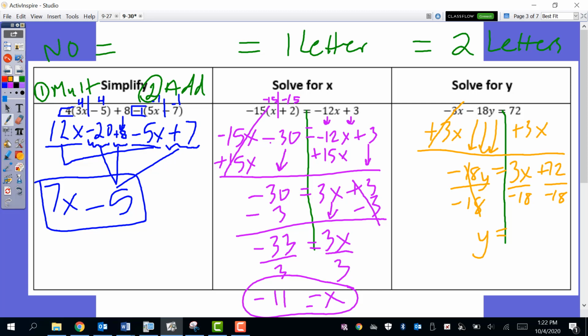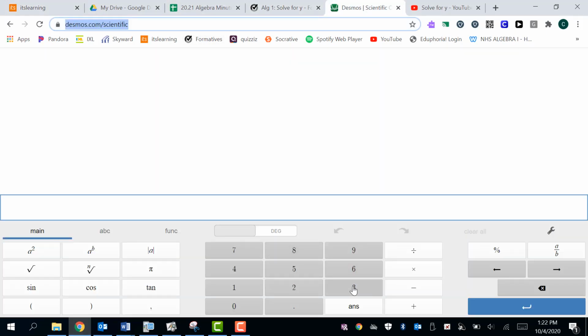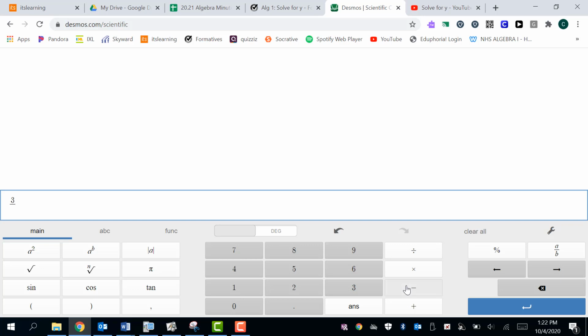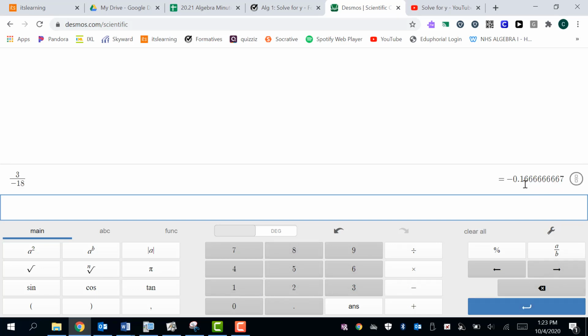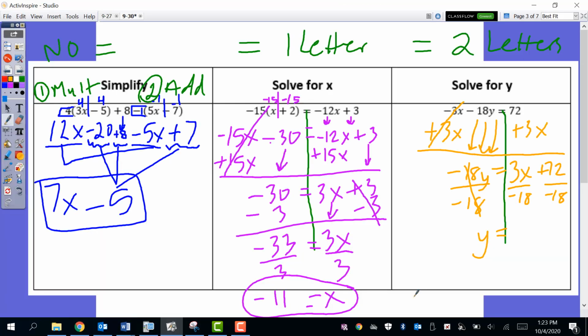I'm left with y. I'm typing these into Desmos, which I can actually do because I do have a Desmos open. Here it is. So I'm doing 3 divided by negative 18. Enter. Oh, it's this ugly decimal, so I need to convert to a fraction, and it's negative 1 over 6. Okay, negative 1 over 6.